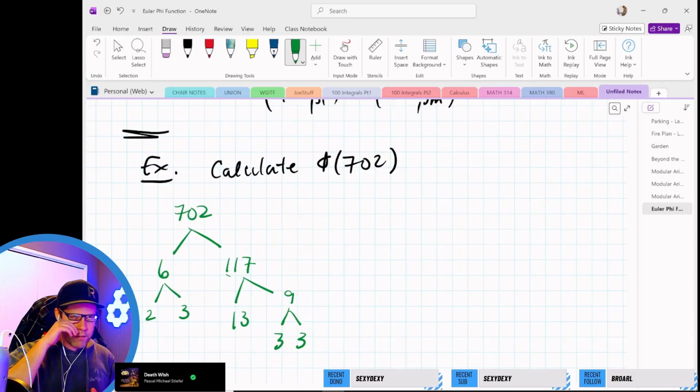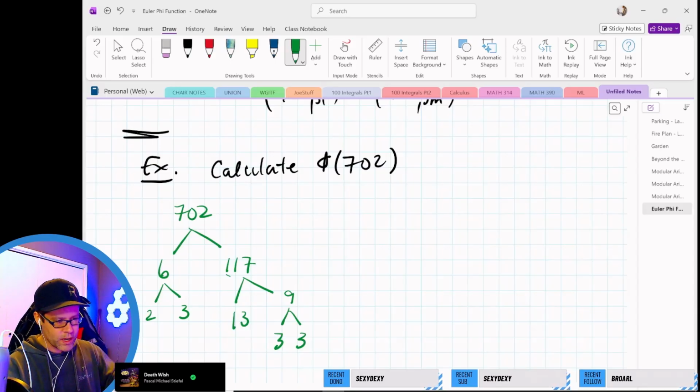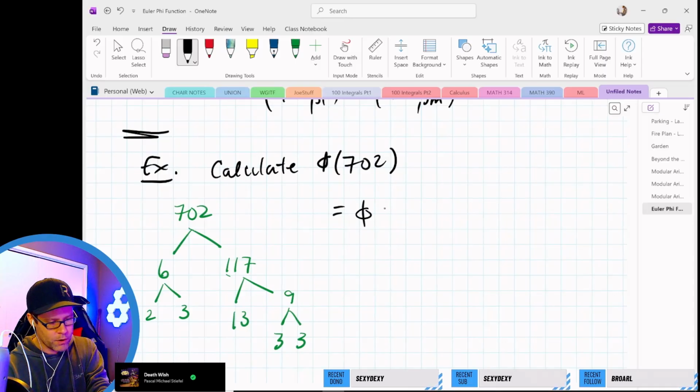So I'm just doing the factor tree approach. You can do whatever approach you want to find the prime power numbers that we're going to need to recapture 702. But the idea here is we're going to be thinking about this now as, instead of 702, I might write this as 2 times 3 cubed times 13.